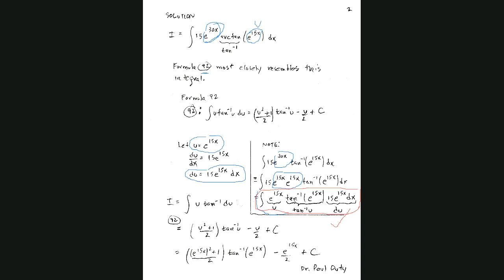Wait, oh, never mind. I think I got it. All right. The reason I knew to write e to the 30x as e to the 15x times e to the 15x is because I know u is equal to e to the 15x. The beauty is, there's a product of two of them, and one of them gets absorbed so that you get a du out of it.